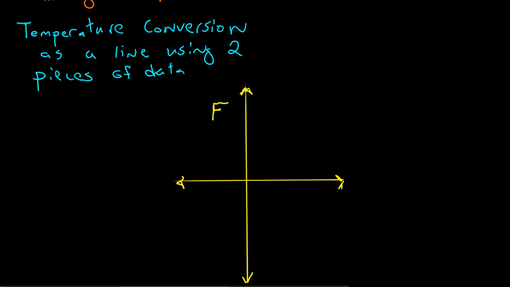So instead of calling this y, I'm going to call it Fahrenheit. And my input is going to be in Celsius. So instead of calling that x, I'm going to call that Celsius. So I'm going to use the idea that y equals mx plus b, but it's going to be F equals some slope times Celsius plus b.